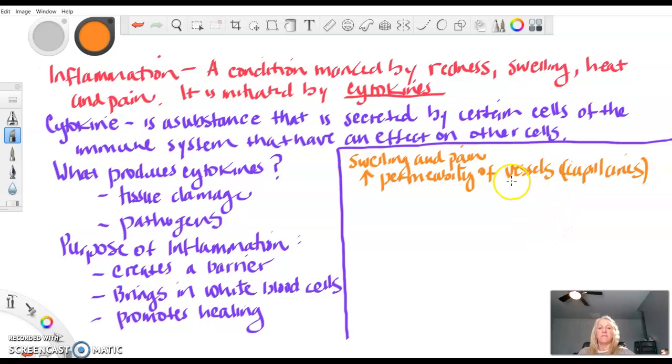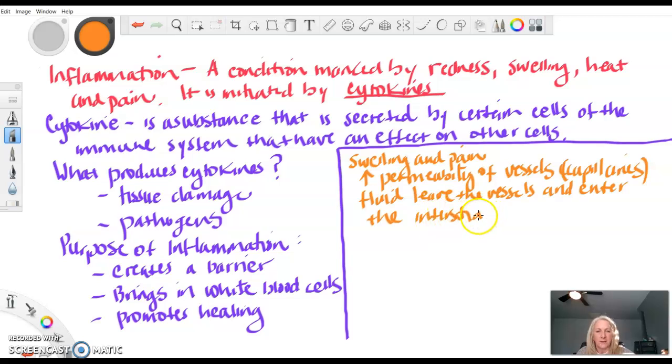When the vessels become permeable, then fluid will leave the vessel and enter the interstitial space. Okay, interstitial space.